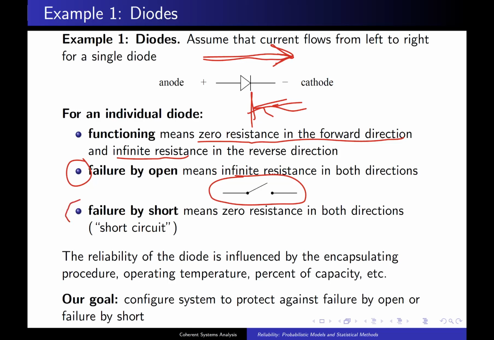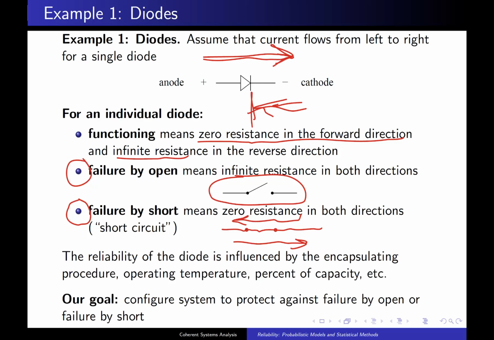The second type of failure in a bimodal setting is failure by short, and you could draw such a system by simply having a line here, which says you have zero resistance in this direction, but you also have zero resistance in that direction, and that's referred to as failure by short or a short circuit.